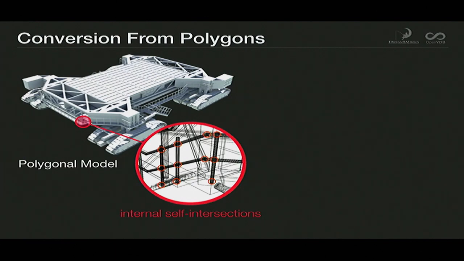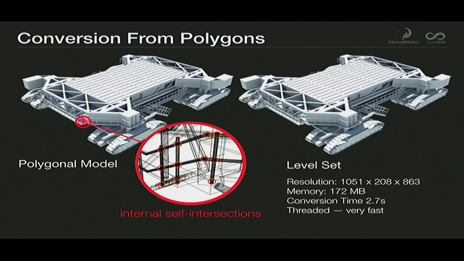Because the problem with the 3D printer is if you give it a model with self-intersections, what's the printer going to do? But the problem, of course, is how do you go from something that has self-intersections to something that can't represent a self-intersection? And we have that problem all the time, because when the modelers generate something, they don't care about whether it's physically realizable or not. They just care about what it looks like viewed from the outside. So many times they have these self-intersections on the inside.